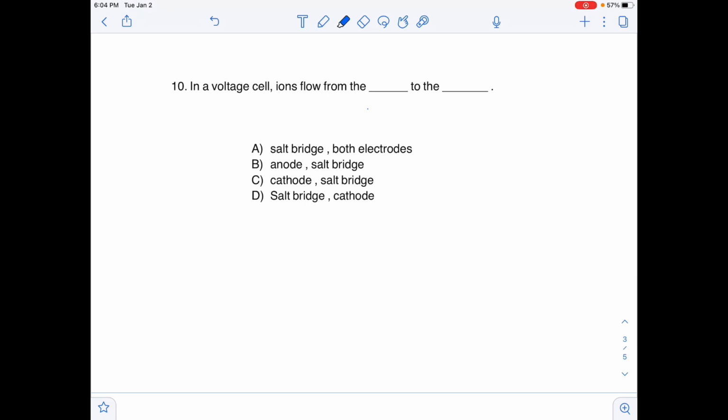For 10, it says, in a voltage cell, ions flow from the blank to the blank. Well, this is also kind of an information-based question that you just have to know. So a salt bridge is something that maintains the electrical neutrality.